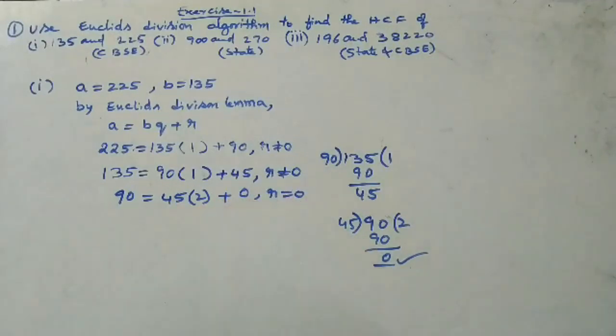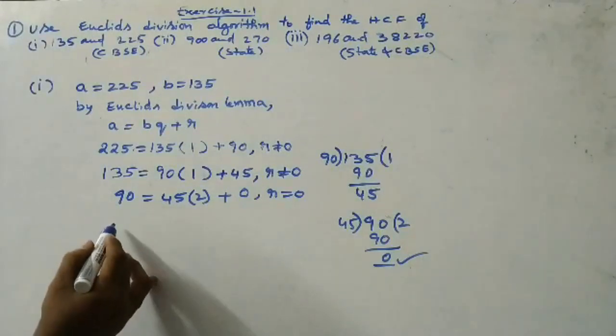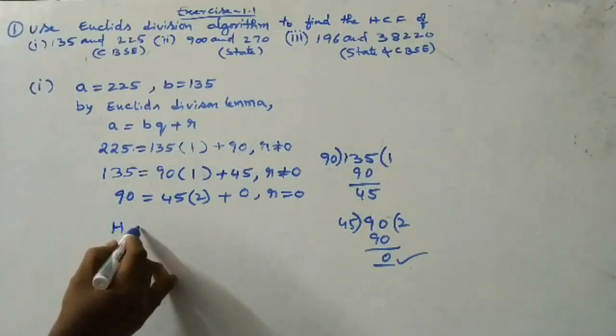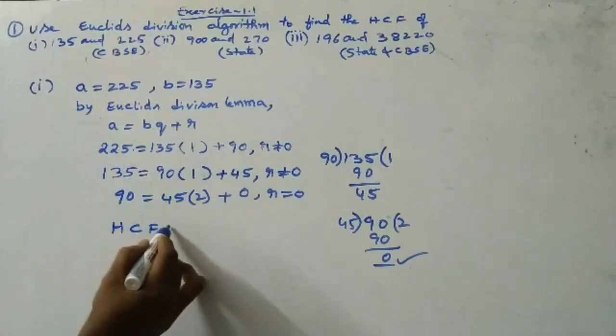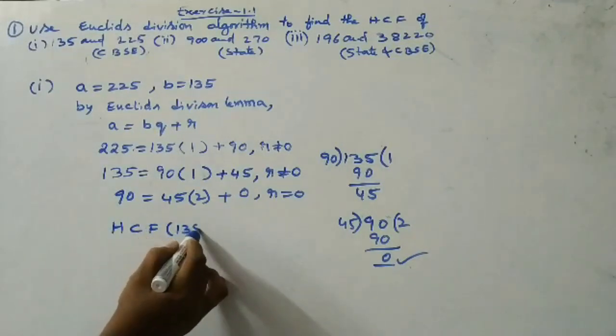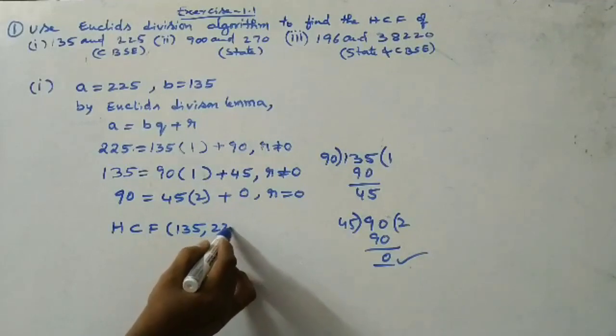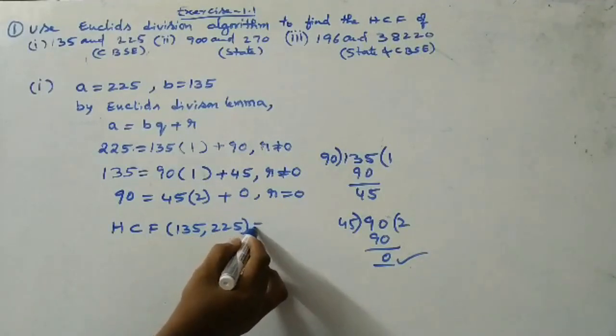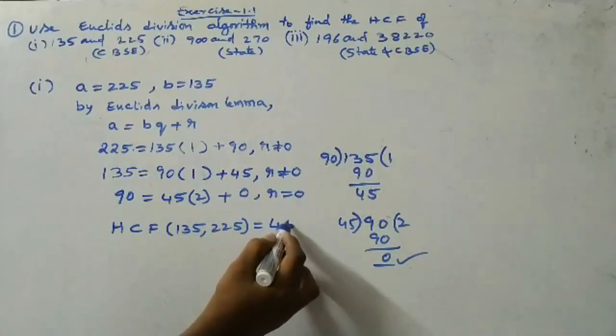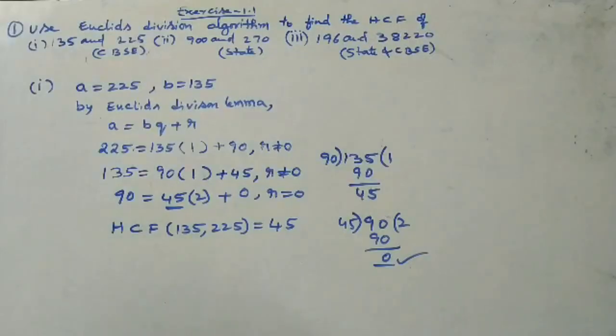Yes, the remainder is 0. Then the process will end. Now the divisor we will consider as the HCF. So therefore HCF of 135 and 225 is equal to 45. Now it will be considered as the HCF of 135 and 225.